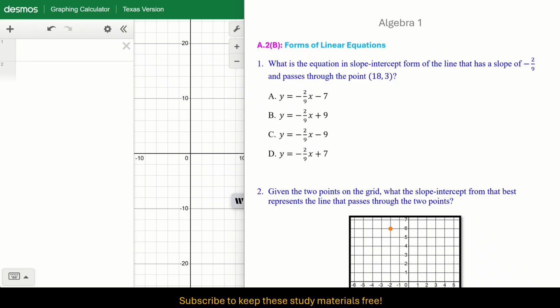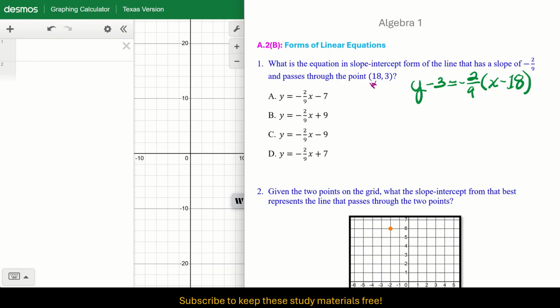Yes, you could solve it as we did with the prior calculators. We said that y minus 3 equals negative 2 over 9 times x minus 18, and then we solve for y. And where did we get the minus 3 and the minus 18?